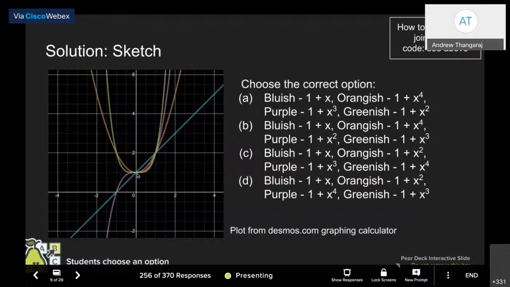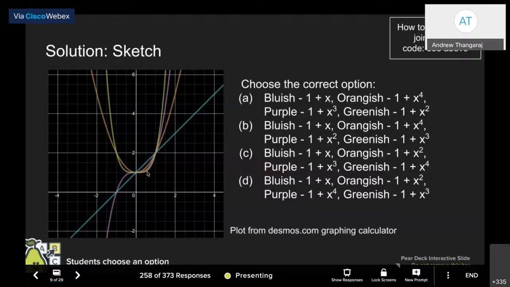Between 0 and 1, 1 plus X power 4 is below 1 plus X squared. Do you see that? You can see that peach being slightly above that. In fact, you can't quite see the purple. The purple is also above the green. Okay? If you zoom in on Desmos, you'll see it. Purple will also be above the green.